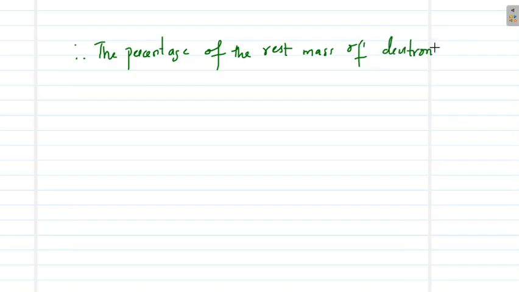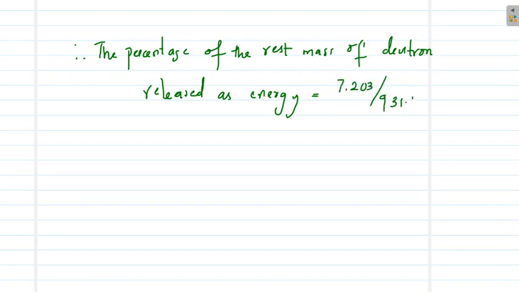So therefore, the percentage of the rest mass of deuteron released as energy is equal to the ratio between the mass difference, which is 7.203 divided by 931.3, divided by the initial rest mass, which is 2.014102.